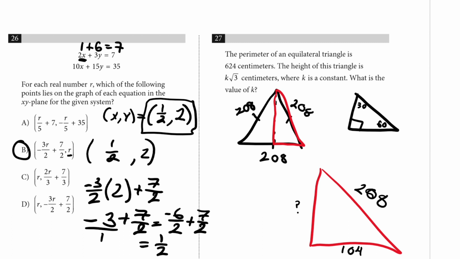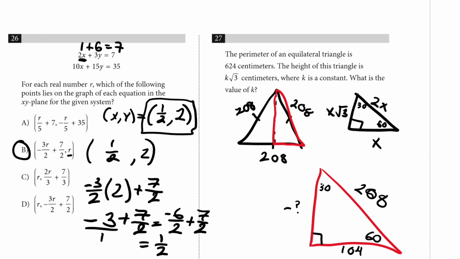The value opposite to the 30-degree mark, which is the smallest side, will be represented by x. The angle opposite to the 90 degrees will be 2x, and the side opposite to 60 degrees will be x times the square root of 3. If we look at the red triangle, this is our 90 degrees, this is 60 degrees, and this is our 30 degrees.